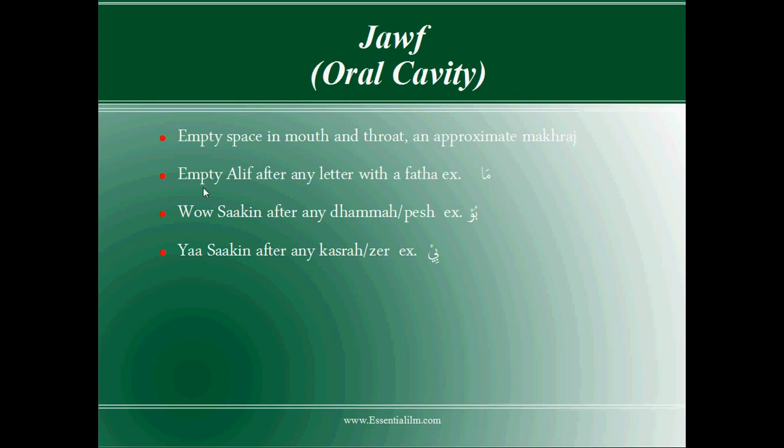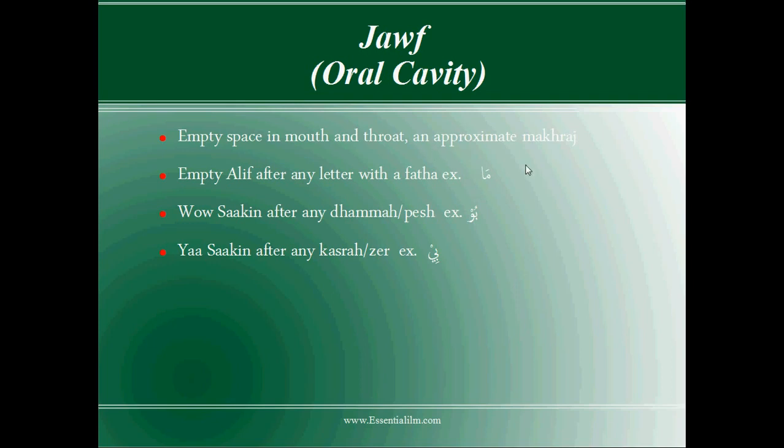The first is the empty alif after any letter with a fatha. So we have a meem with a fatha, and there's an empty alif after it, and so how you would say ma. The a part, that's from your jawf. And remember, this is an approximate makhraj.